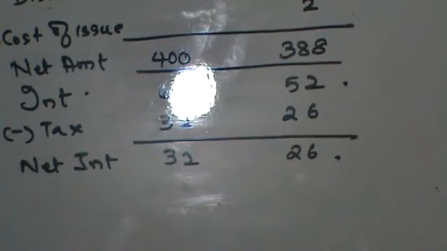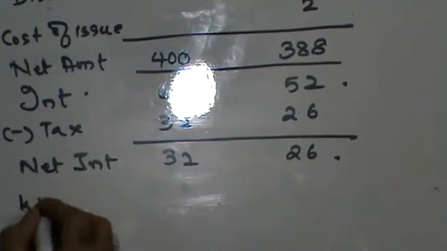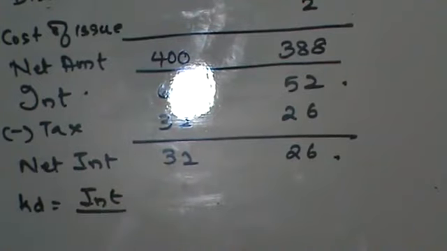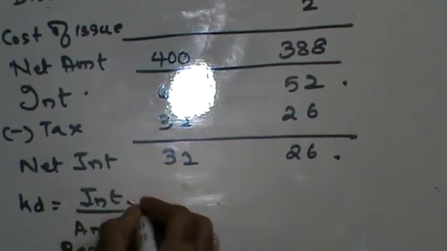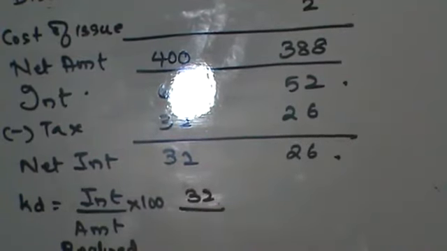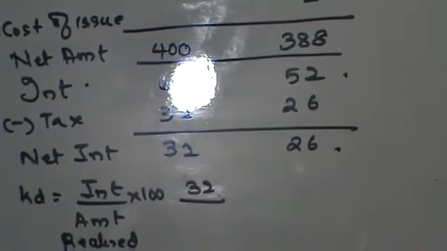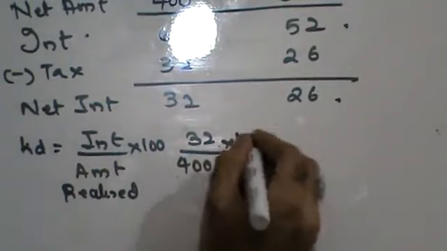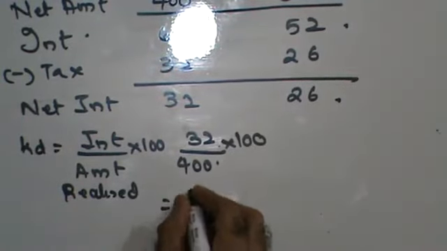Right? Find out your cost of debt. Cost of debt is the net interest that I'll be paying upon the net amount realized into 100. In the first case, I'm paying a net interest of 32 lakhs on 400 lakhs into 100. Someone please help me calculate this. 8%.